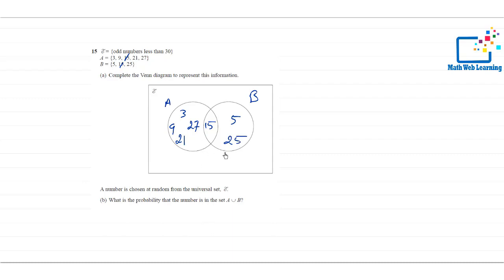Okay, what we've got left to do is the rest of the numbers outside here, all the odd numbers up to, not including, 30 and not including the ones already placed.